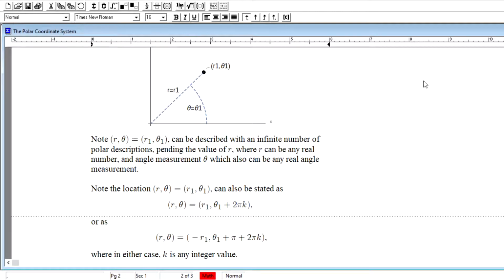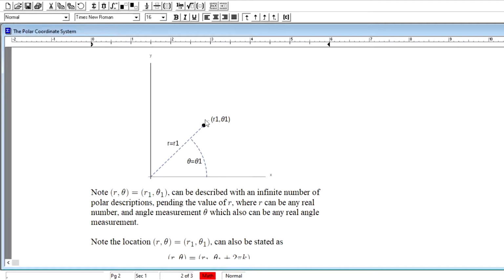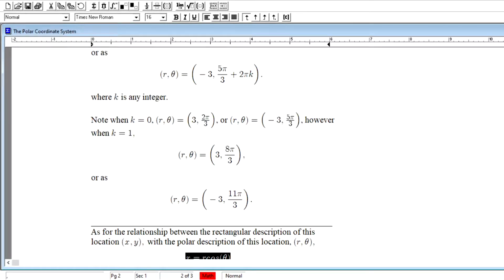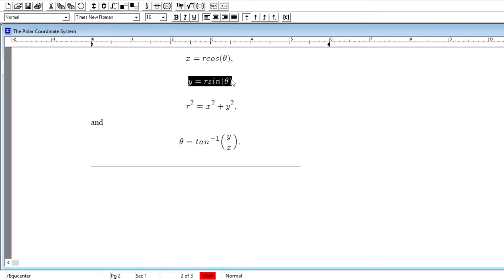If theta is this angle measurement here, and y is this opposite side measurement, then the sine of theta would be y over r1, or y over r. So that means y would be equal to r sine theta, and that is what we see in the description down below here. Y is equal to r sine theta.